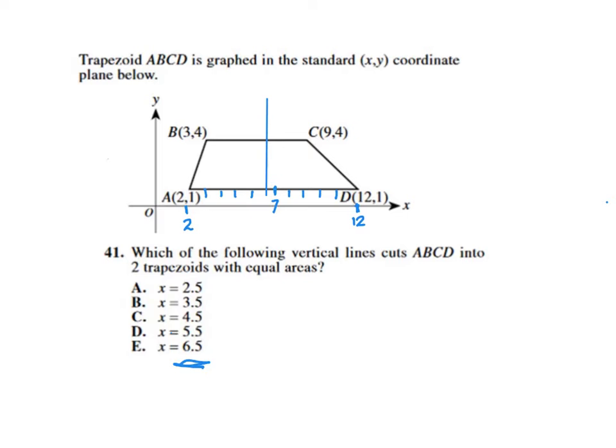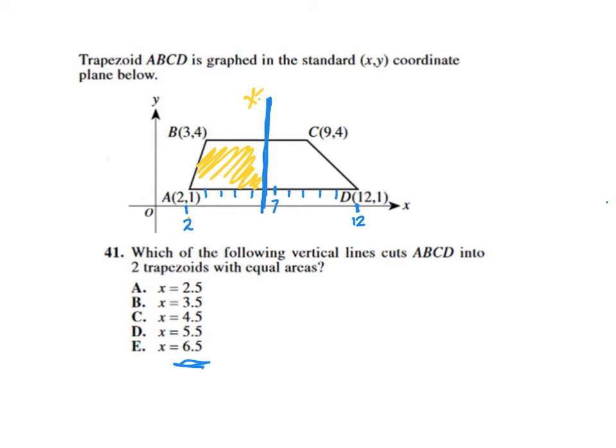So we'll put this vertical line right here at x equals 6.5. And if I look at the bases, let me look at this one first. This trapezoid has a base. Well, I start at x coordinate of 2, and I go to 6.5.